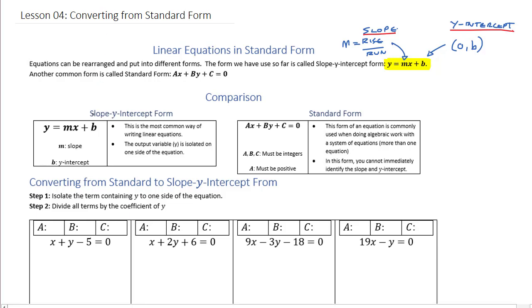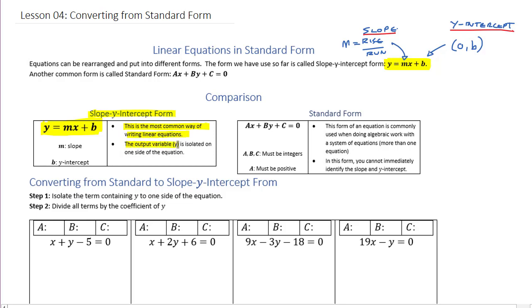The one we know, again, is slope y-intercept form. That's what we call y equals mx plus b. So anytime you're doing any of the homework this week, any of the assigned work, and it says something about slope y-intercept form, it's talking about the one you're used to, y equals mx plus b. Like it says, this is the most common way of writing linear equations. And how do we know it's in slope y-intercept form?